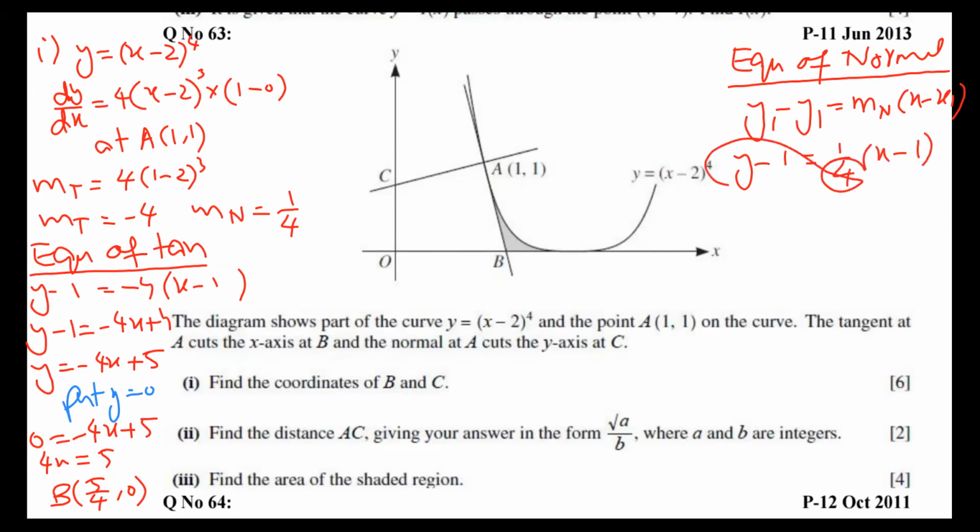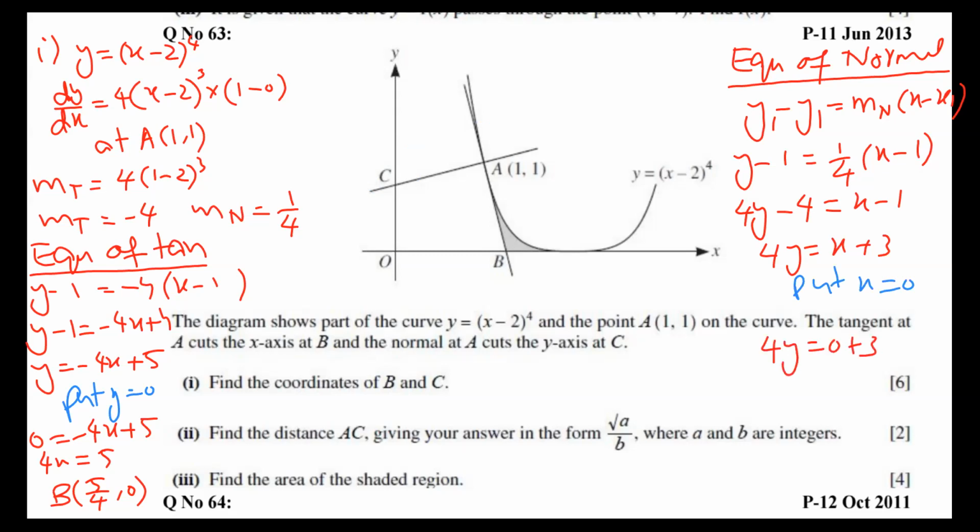Multiplying the left-hand side by 4 makes it easy, getting rid of the fraction: 4y equals x plus 3. This is the equation of the normal. When the line cuts the y-axis, x is always 0. I put x equals 0, so 4y is equal to 0 plus 3, and y is equal to 3/4. The coordinate of C becomes (0, 3/4).